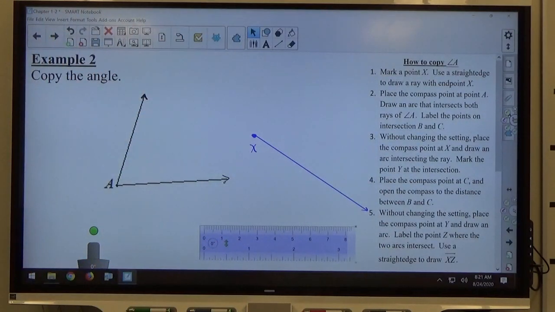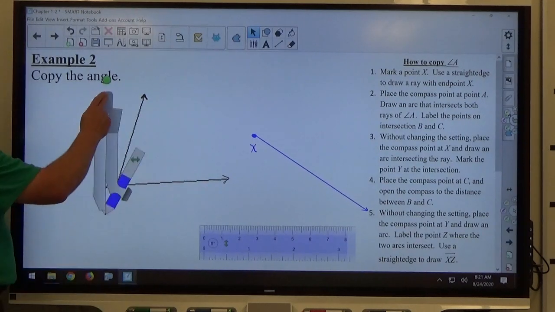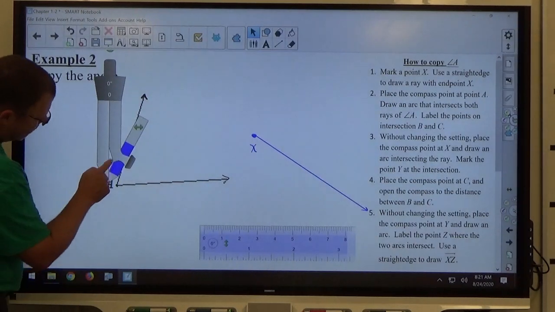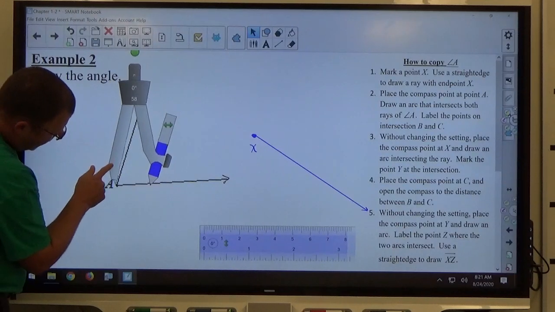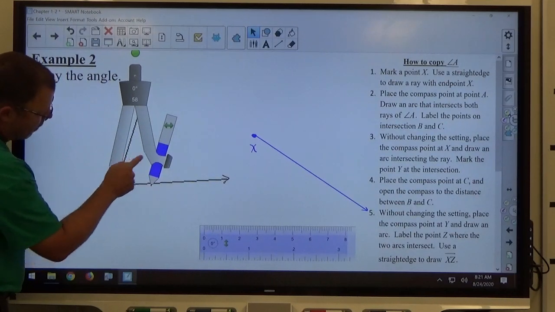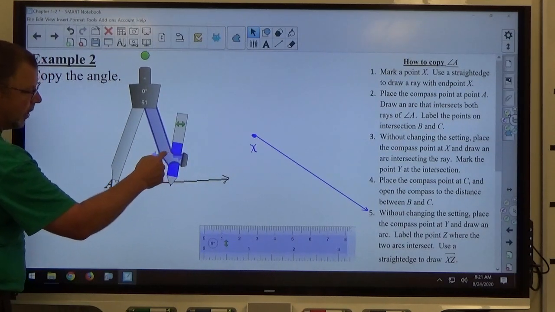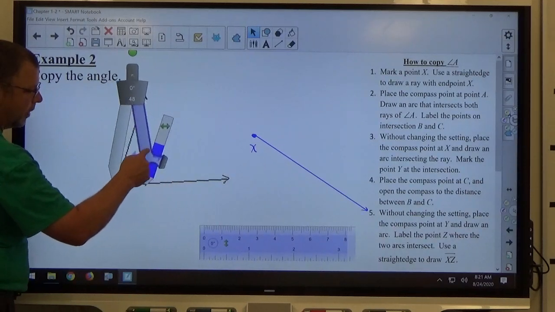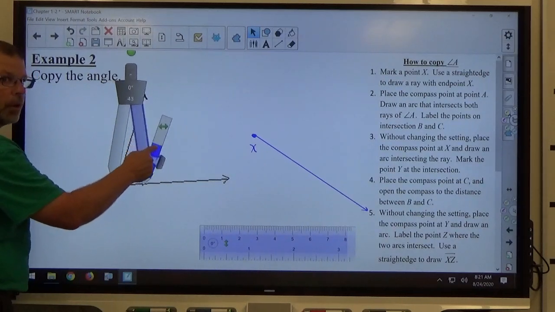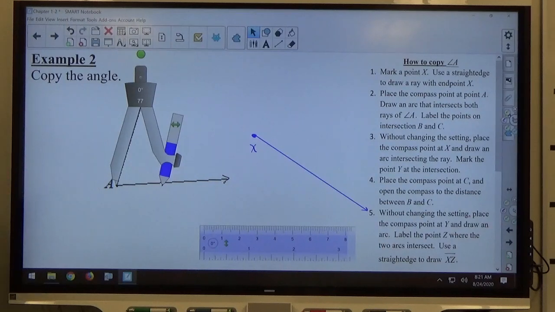Now, it wants you to place the compass point at point A and draw an arc that intersects both rays of angle A, and we want to label those intersection points B and C. So, I'm going to place my compass point right on A, like so. I want to open it up to some generic radius, really. Anything will do. It doesn't matter where you put it. Just don't change your mind. All right. So, I'm going to put mine right there.